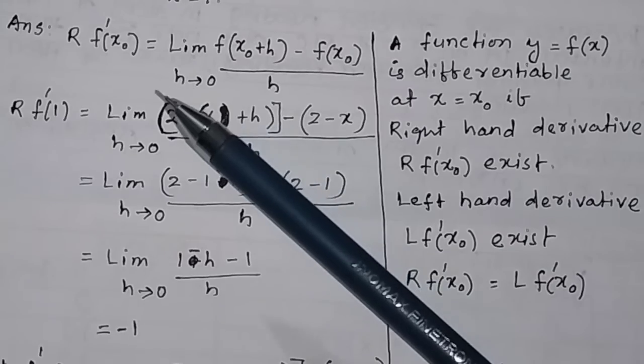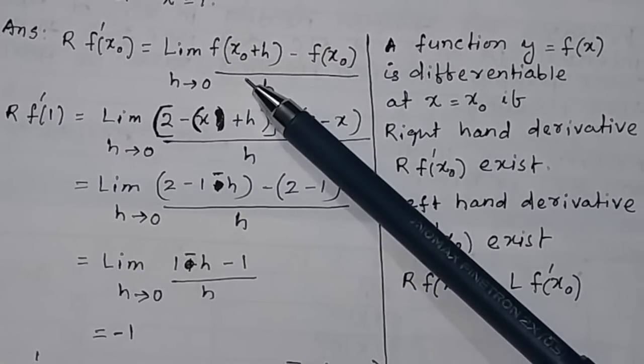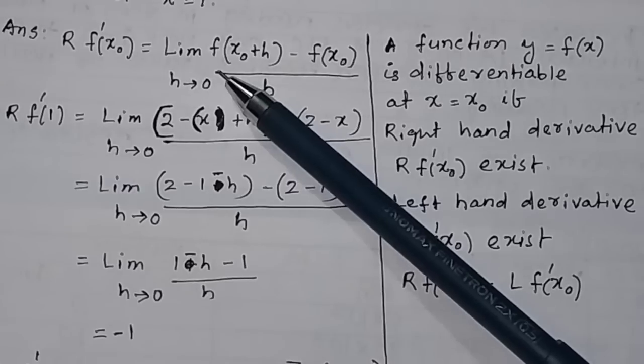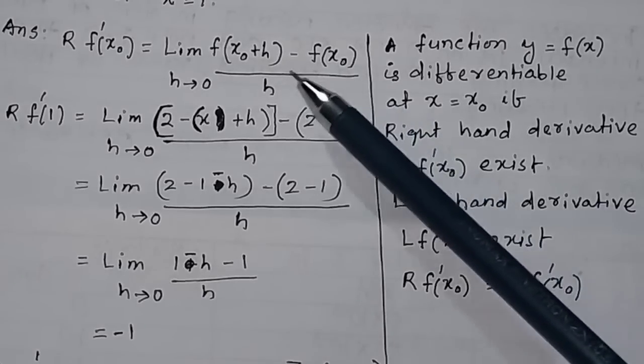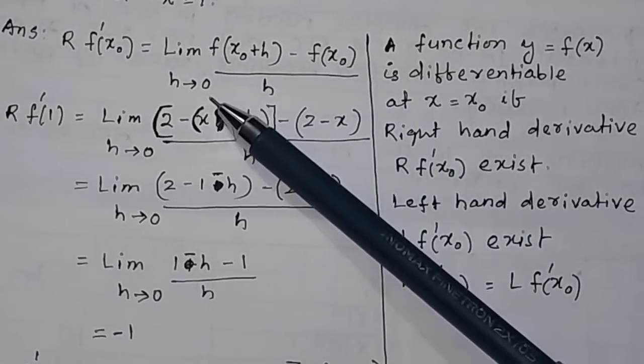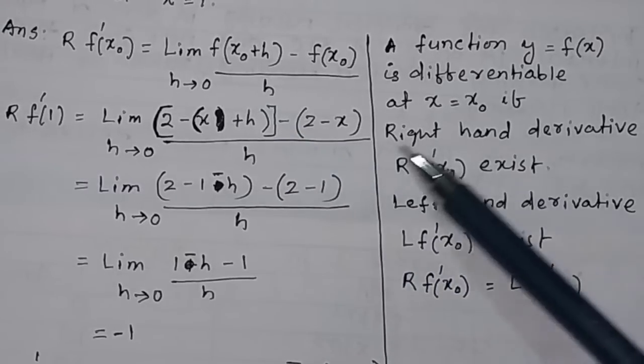For the right hand derivative, we write the derivative from the first principle: limit of f(x0 plus h) minus f(x0), divided by h, as h approaches 0. Here the given function is 2 minus x.